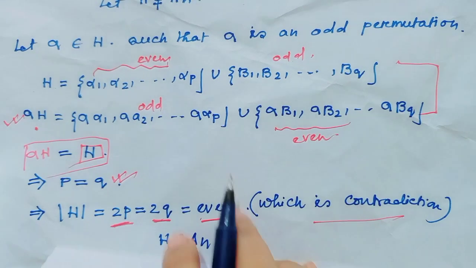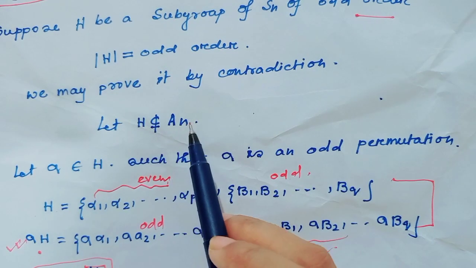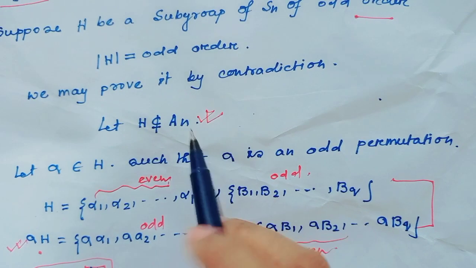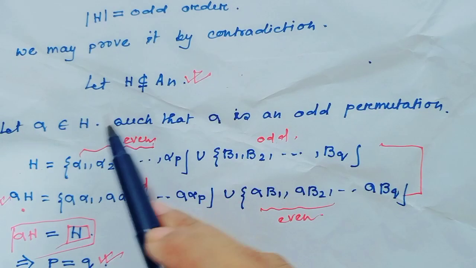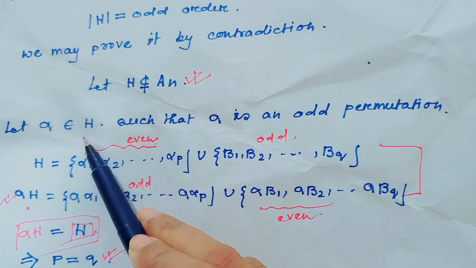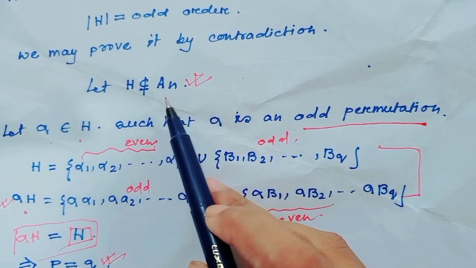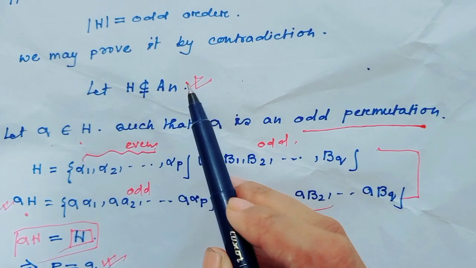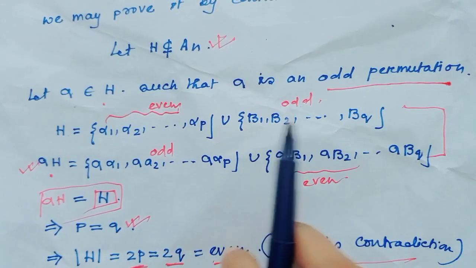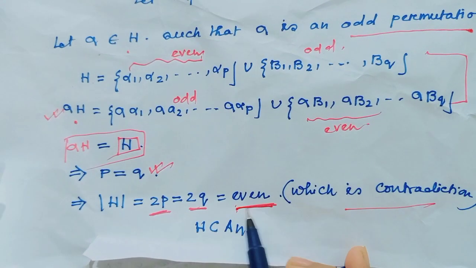Therefore our assumption that A is not a subgroup of An is a wrong assumption, because I have considered one sigma belongs to A such that sigma is an odd permutation, whereas an even permutation belongs to An. If we consider A does not belong to An, that implies the order of A is even.